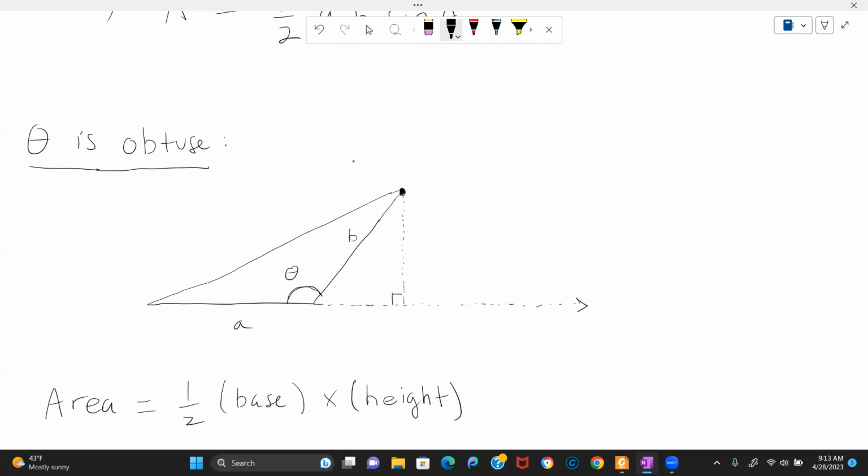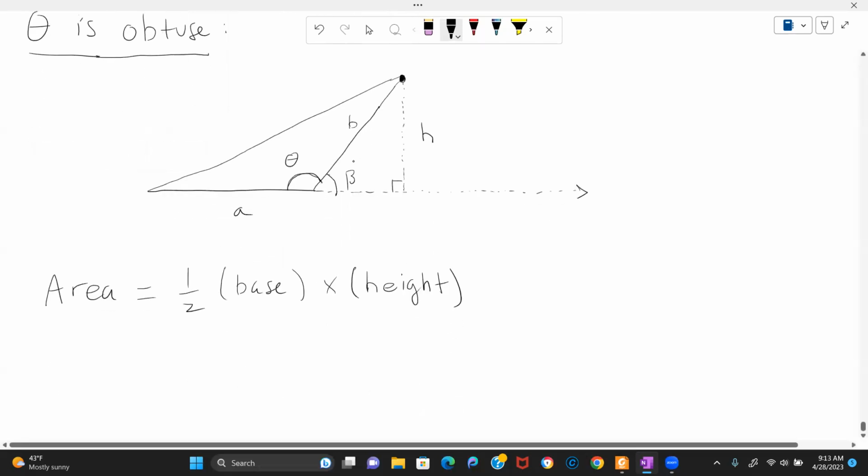So now let's try to figure out the rest of this triangle. First of all, this is the height h, the height of the whole triangle. And we have this other angle right here, we'll call it beta. Maybe we can figure out what beta is.